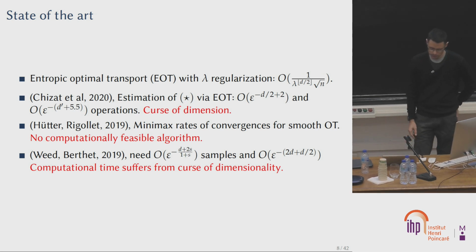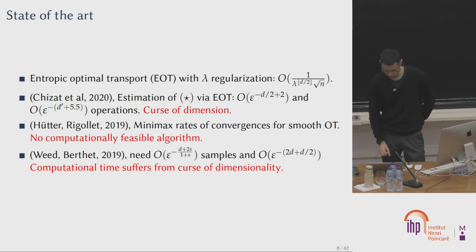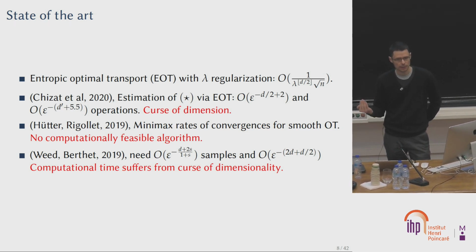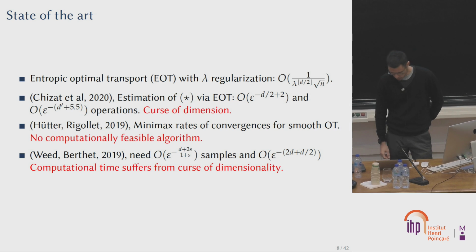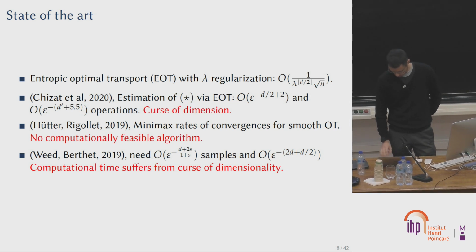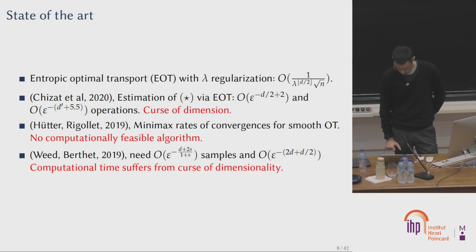Then, a few years ago, Hutter and Rigollet showed minimax rates for estimation of smooth optimal transport, but they did not propose any computationally feasible algorithm, because they had to project on a particular set of functions, which are convex functions and so on. So it was not feasible. Smooth and convex functions.